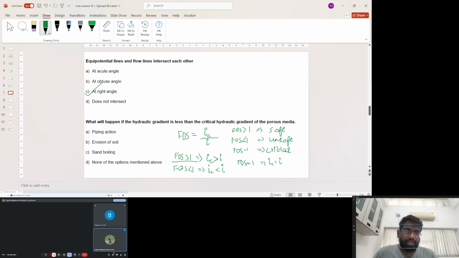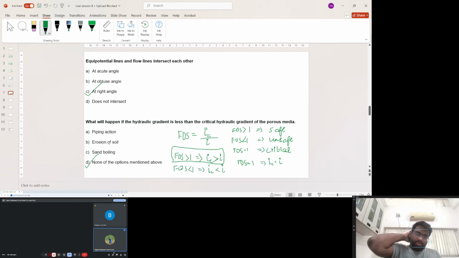So this falls under the first condition, where the factor of safety is greater than 1. Alright. Hence it falls under the safety condition, so none of this sort will occur. So hence none of the options mentioned above. Now if IC is less than I, then the quicksand condition and piping action would have occurred.